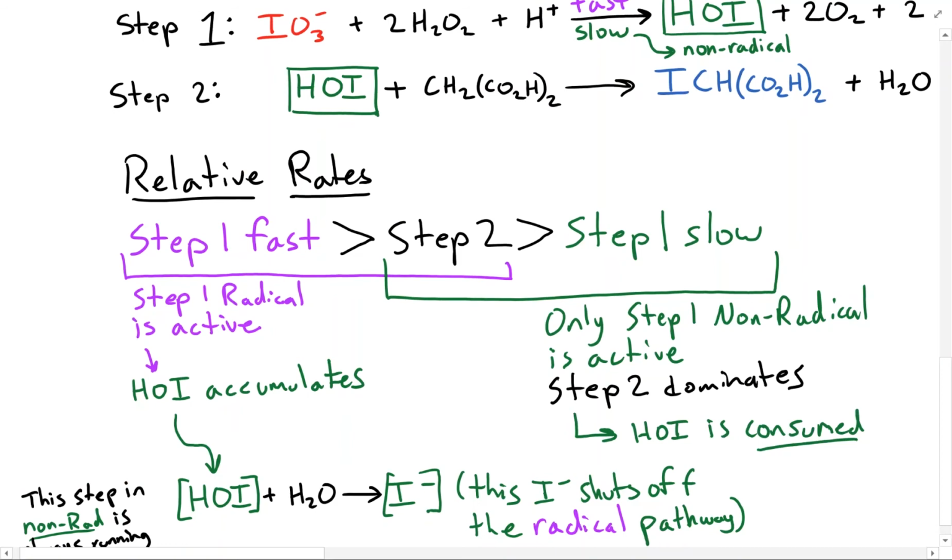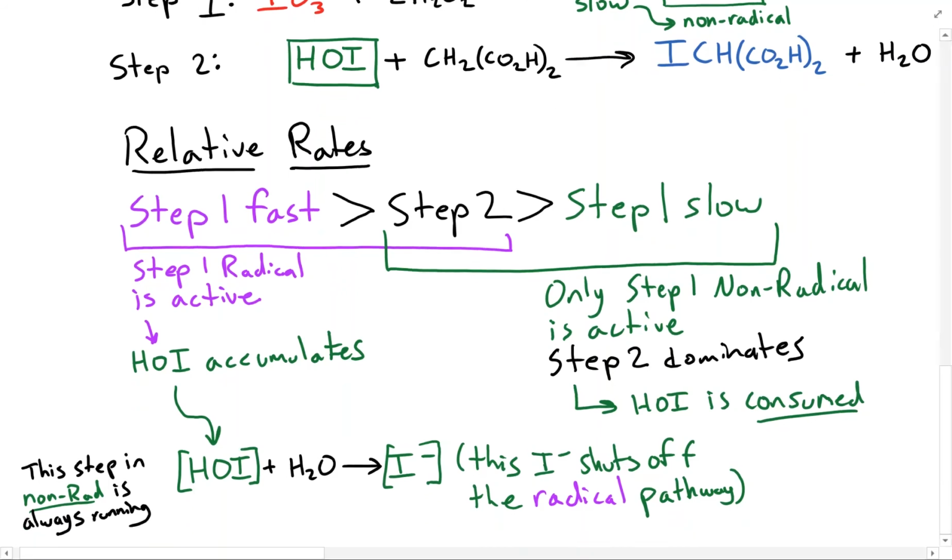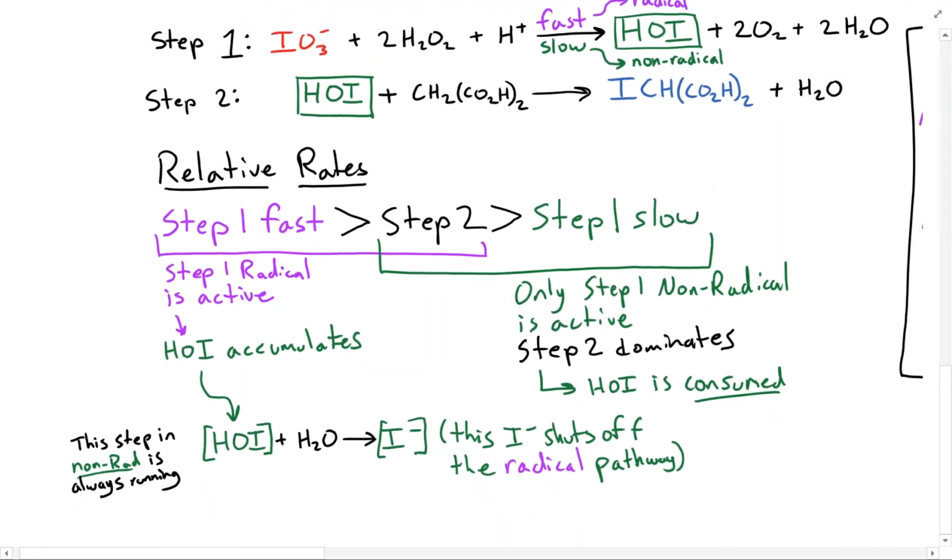This means the concentration of HOI is going to be decreasing at this point. So we can see that HOI concentration is increasing and decreasing as step 1 or step 2 dominate, right? Because as the radical mechanism goes, step 1 dominates, we have more HOI. As the radical shuts off, step 2 dominates, and we are consuming HOI and losing its concentration.